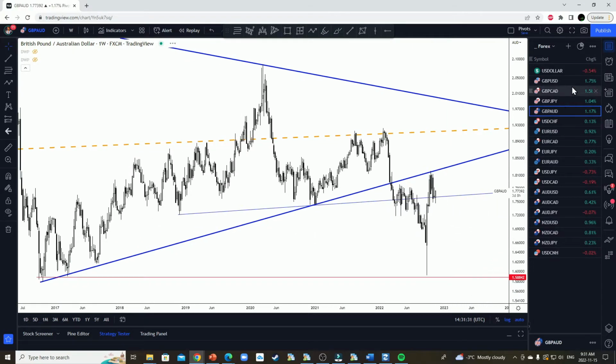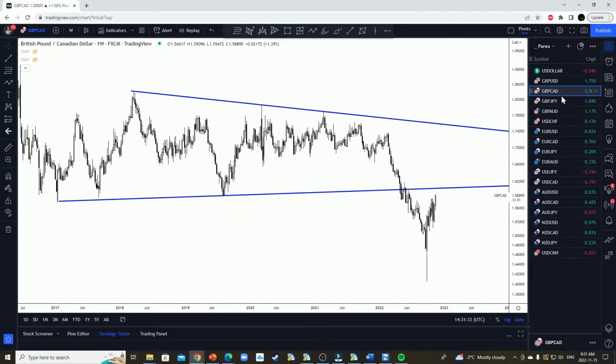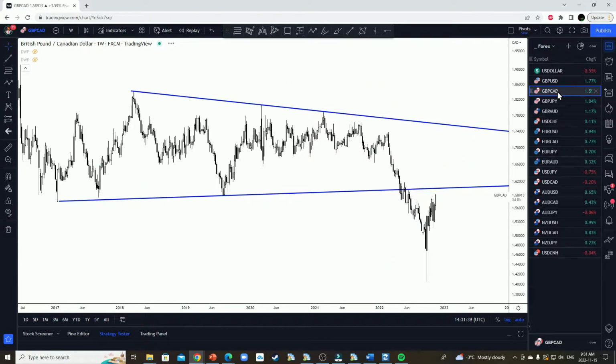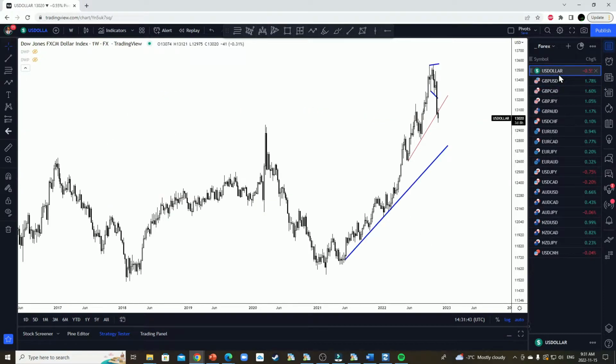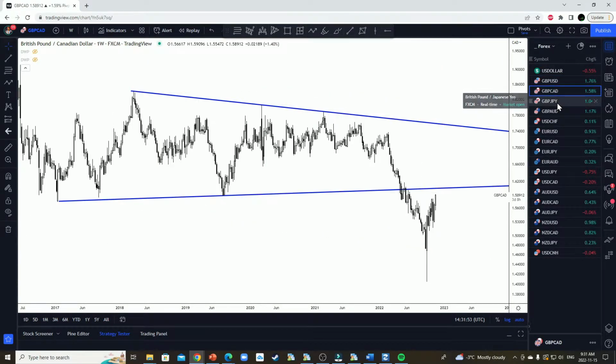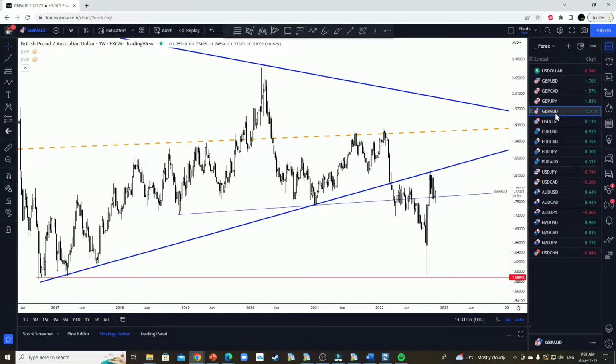So right now I'm long this, I'm long this, and I'm long that, because I think the focus is going to move away from the US dollar for a bit. We're going to see some retracements, and then I'll try to get back into US pairs. But right now my focus is on the pound, so I'll keep you updated.